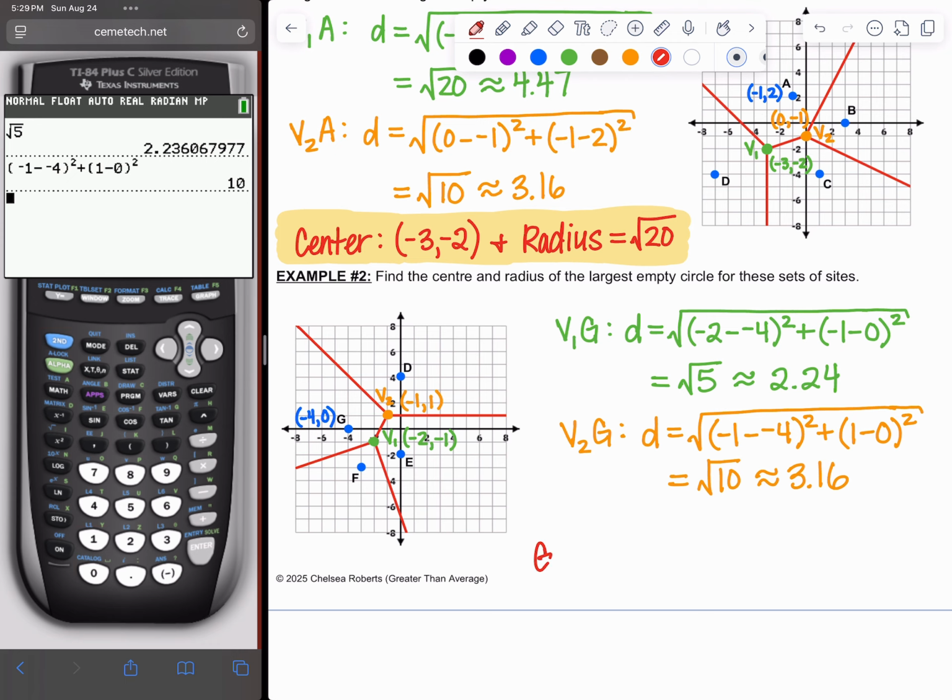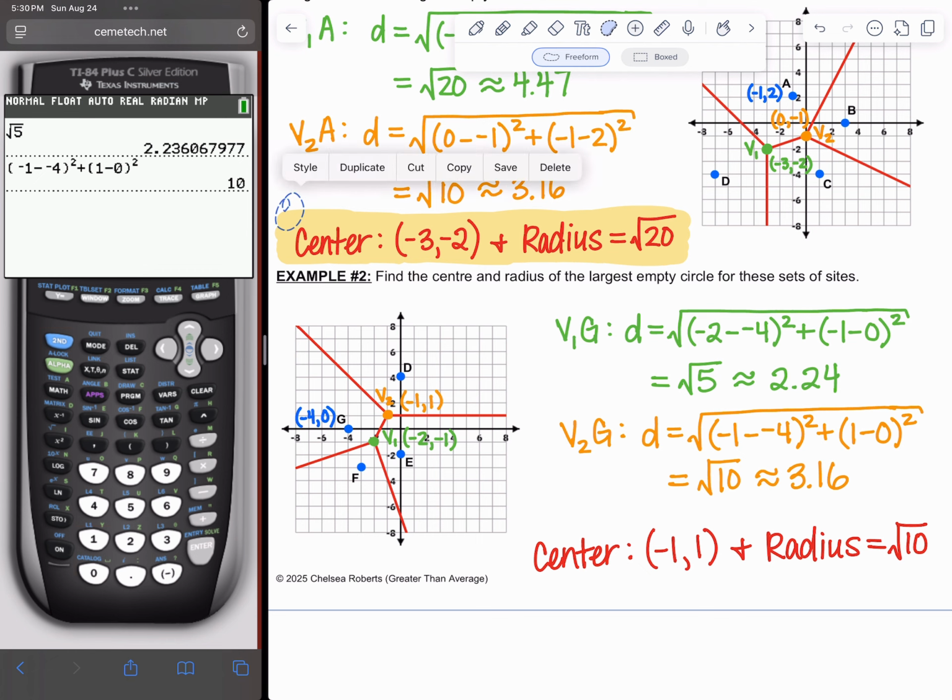So the largest empty circle needs to be drawn at the center -1, +1, and it needs to have a radius of the square root of 10. All right. And then that will be what our answer is.